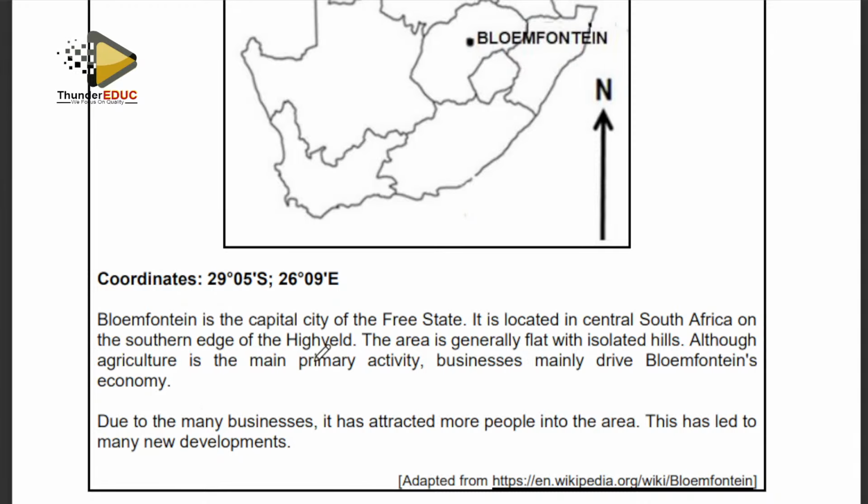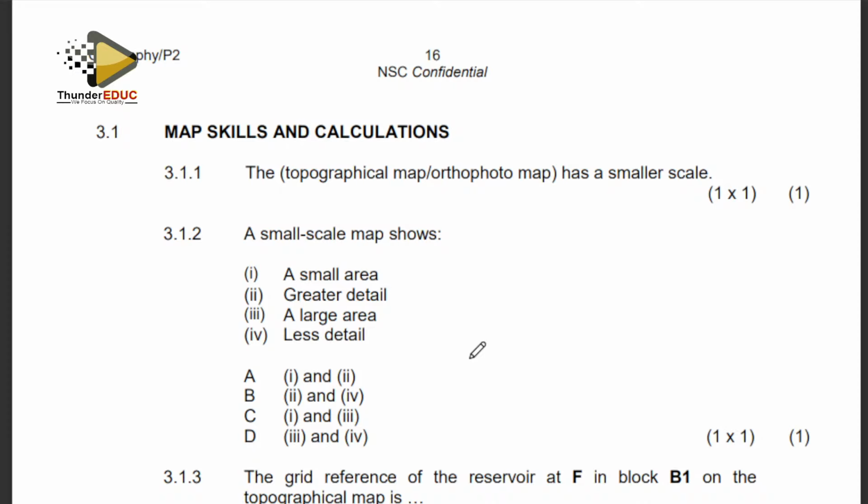The topographic map or orthophoto map has a smaller scale. Which one has a smaller scale? Now, some learners get confused because topo is 1 to 50,000. Ortho is 1 to 10,000.